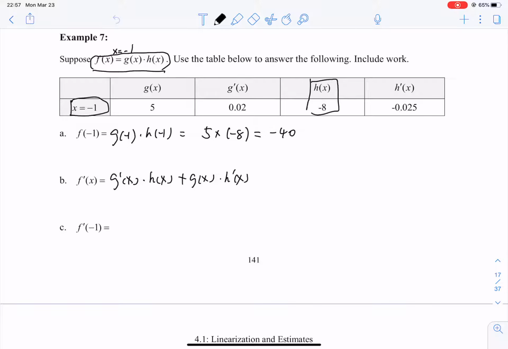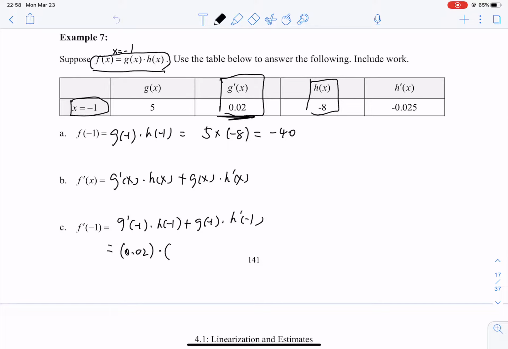So plug in x equals minus 1. Then we have first g prime of minus 1. So we use this term, that is just 0.02.